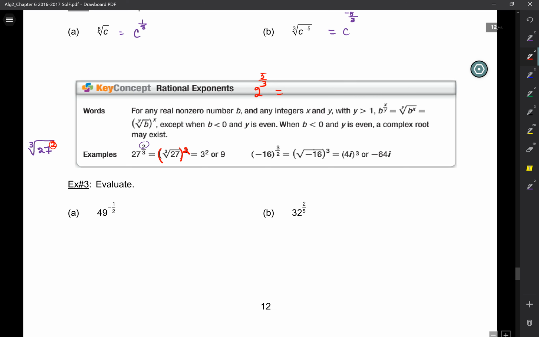I can rewrite this as cube root of 2 to the 5, or how else can I write it? Cube root of 2, the whole thing to the power of 5. All right? So this numerator that was going to become the power, it can either go inside the radical or outside the entire thing. More often than not, it's more practical to do it the second way if you have to evaluate numbers, because it's easier to deal with the numbers that way. They don't get too large.